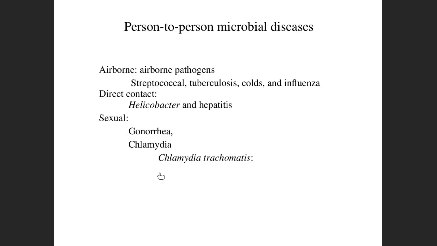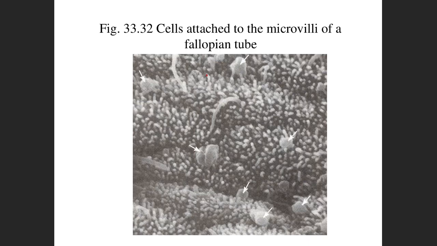The next bacteria we wanted to talk about is chlamydia, and this is a very unique bacteria. This is Chlamydia trachomatis. When we think about bacteria, we always think that if you gave them media, they would just grow in the media.